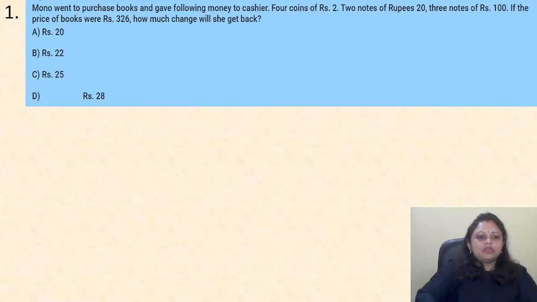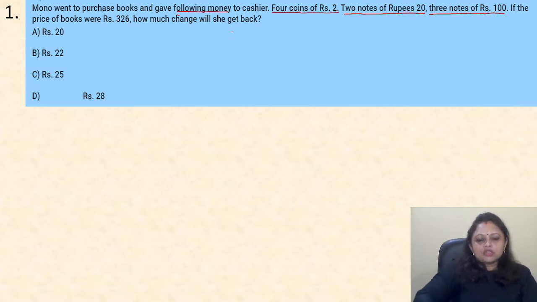So, as per the question, Mono went to purchase books and gave the following money to the cashier: 4 coins of rupees 2, 2 notes of rupees 20, 3 notes of rupees 100, right?